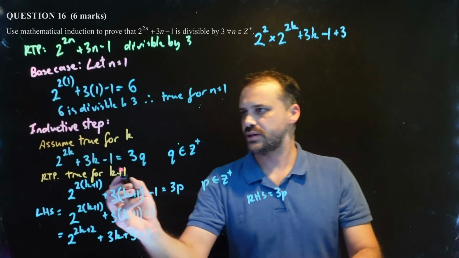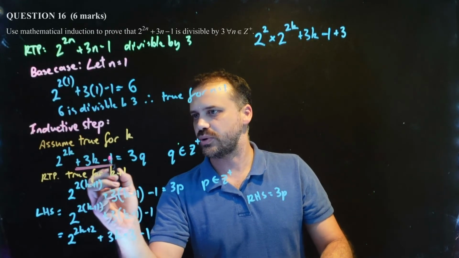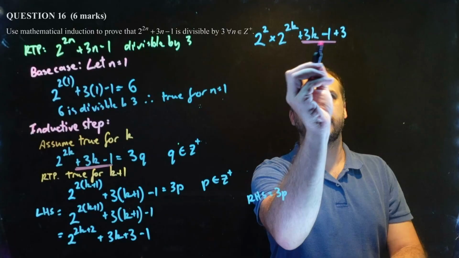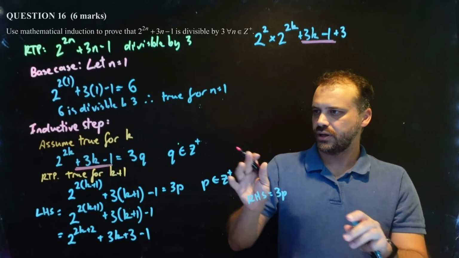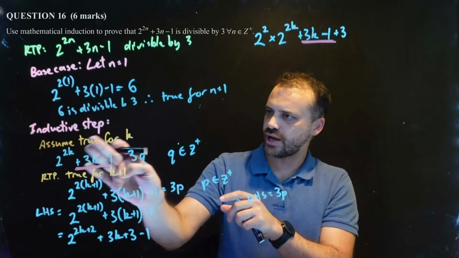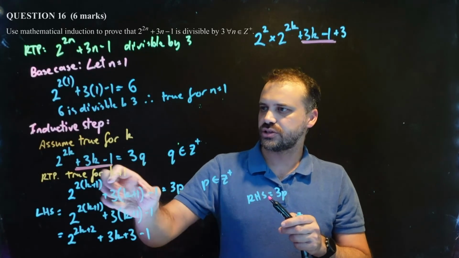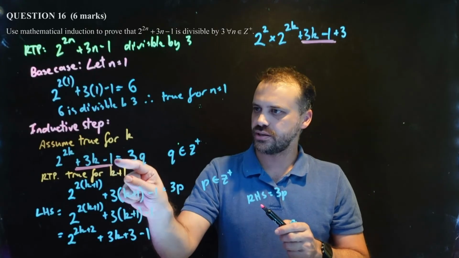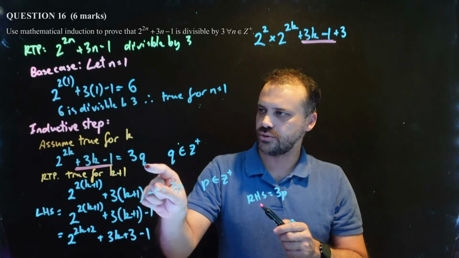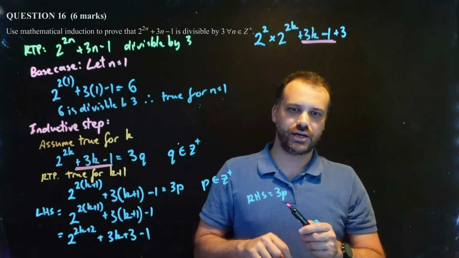And what I'm seeing is a 3k minus 1 and a 3k minus 1. So I can rearrange this in any way I want to: 3k minus 1 equals 3q minus 2 to the 2k.